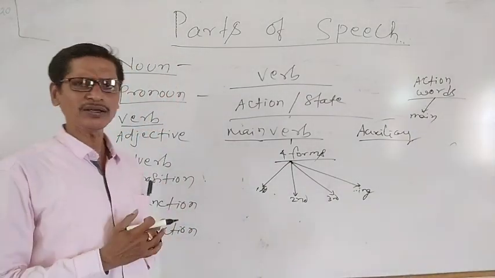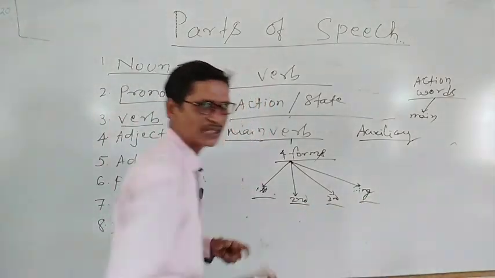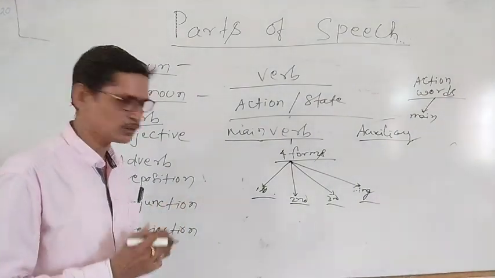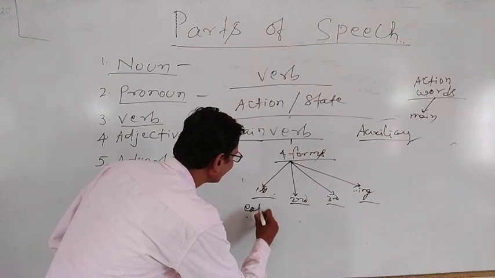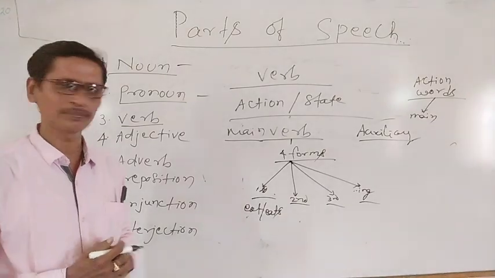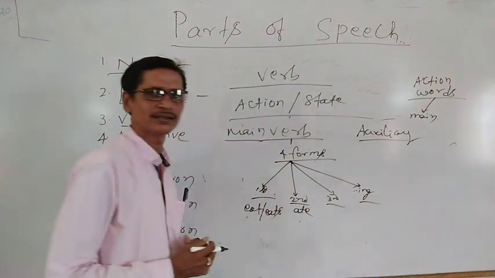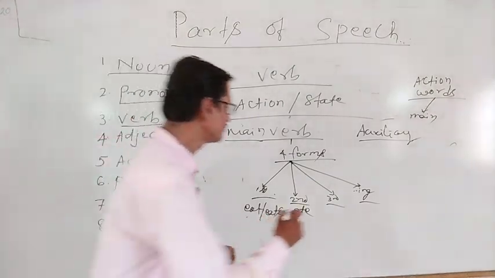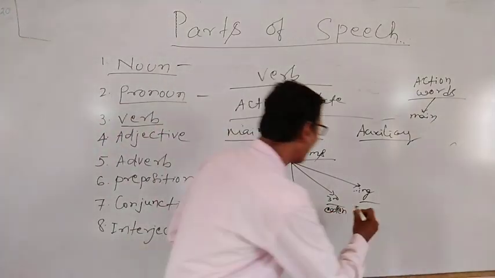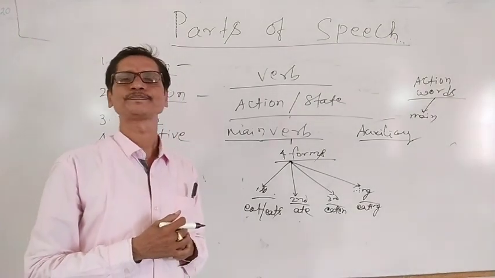So now we are talking about main verb. Main verb has four forms that you know very well. For example, one or two, let me tell you. Eat is the first form of the verb eat. Similarly, ate is the second form, eaten third form, and eating the ing form.